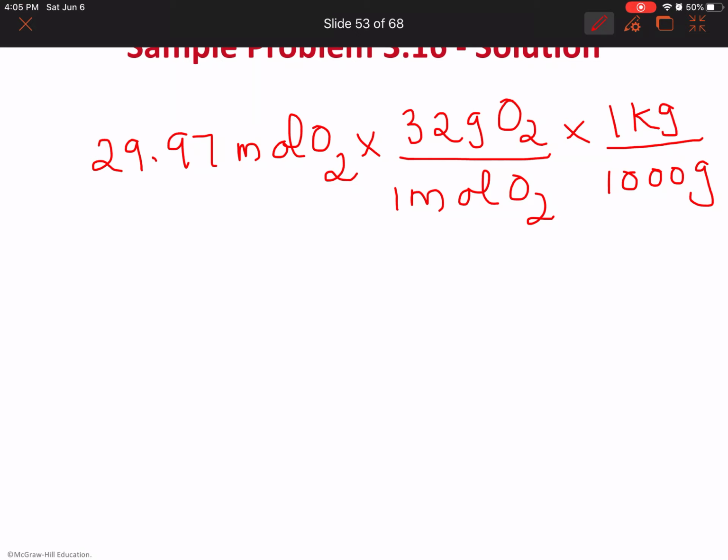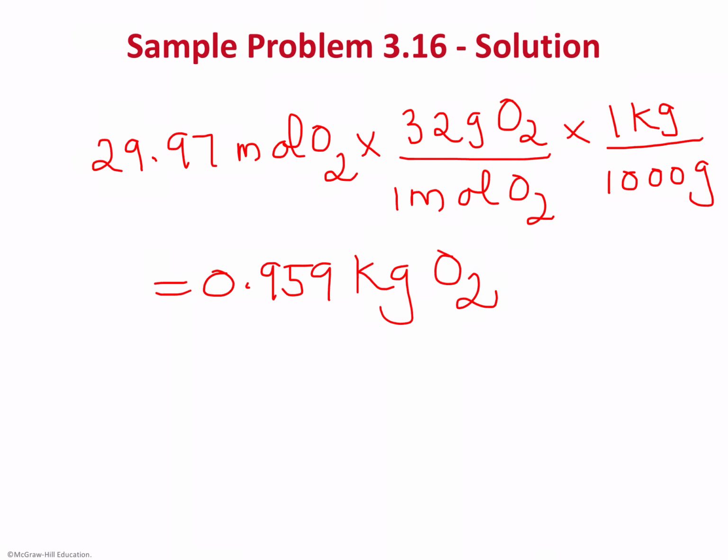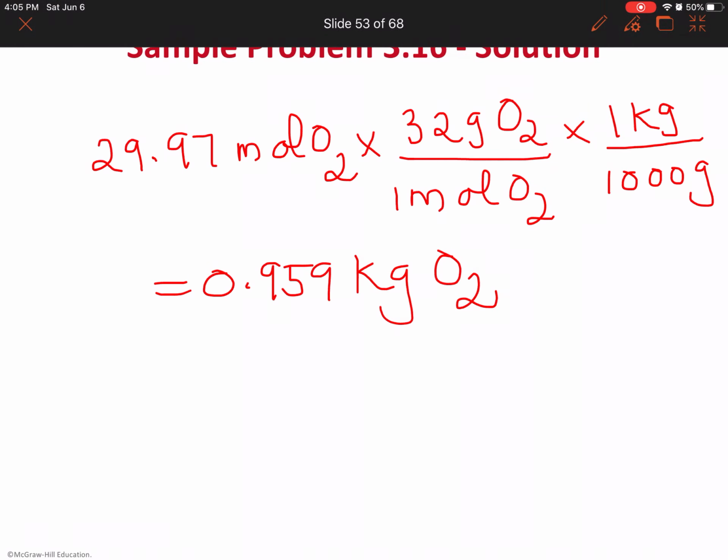So this number, 32 over 1000, gives 0.959 kilograms of oxygen. Okay, that's how you find the mass in terms of kilograms. So we can stop this section here, and then we'll talk about the reactions in sequence the next session.